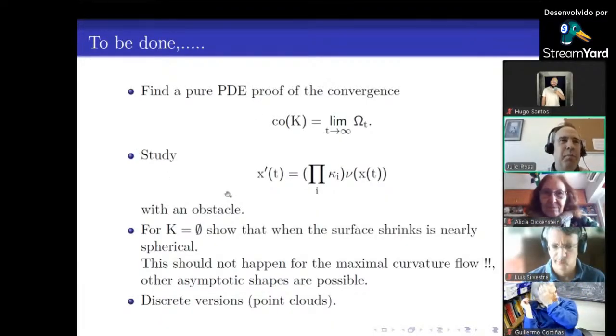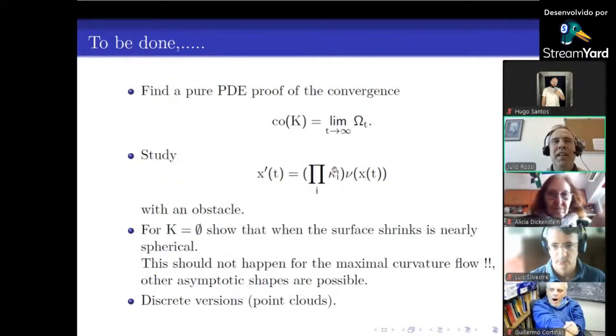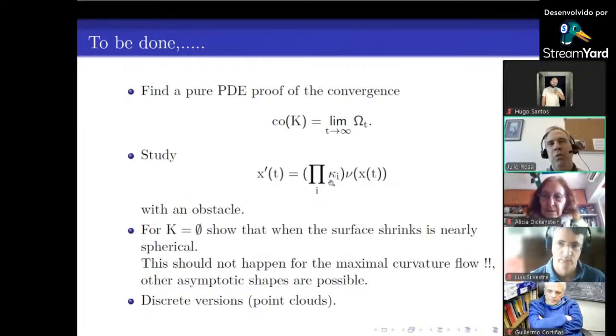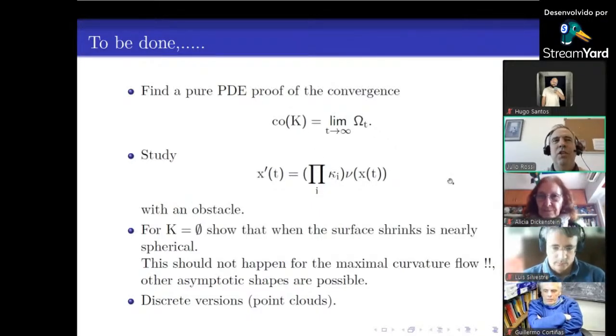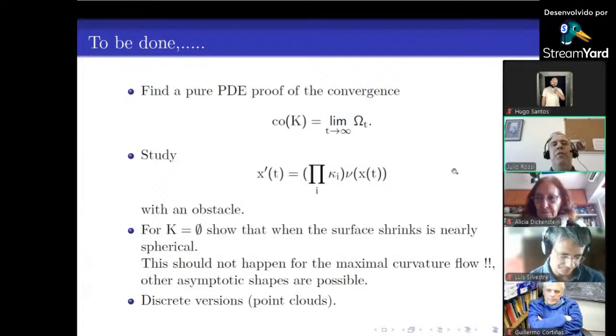Now, the second point is to try to study another evolution that I like very much, and I am sure that this works as well, but I don't know how, which is to move a surface. Instead of moving the surface according to the minimal curvature, try to take the product of the curvatures. And this is called the Gaussian curvature of the surface.